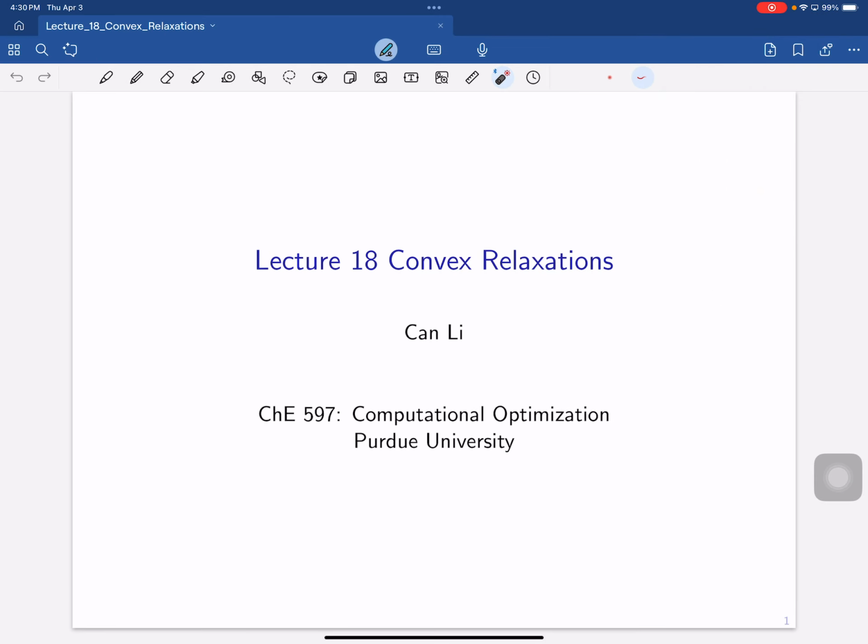So today we will talk about convex relaxations for non-convex nonlinear problems. So how is this related to the previous lecture? Remember, in solving mixed integer linear programming problems, we need to do branch and cut. So we need to branch on the binary variables, and then we need to come up with tight linear programming relaxations for mixed integer linear programming problems.